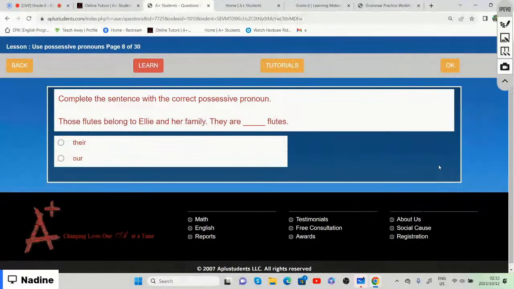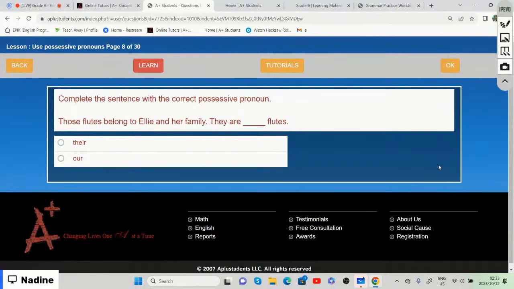Those flutes belong to Ellie and her family. So if it belongs to Ellie and her family, do we say they are their flutes or they are our flutes?